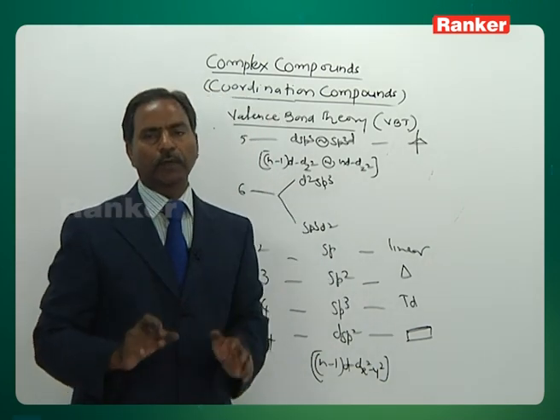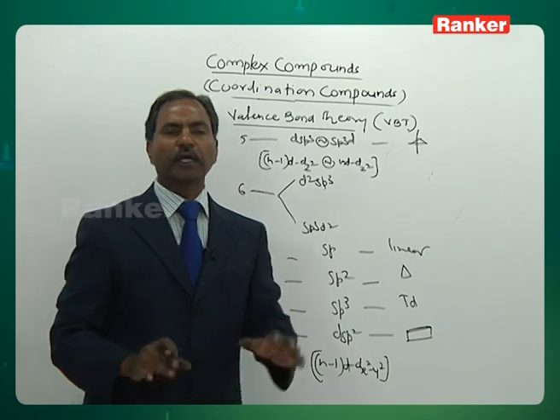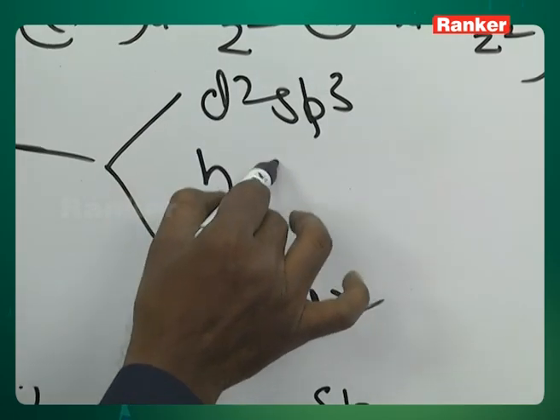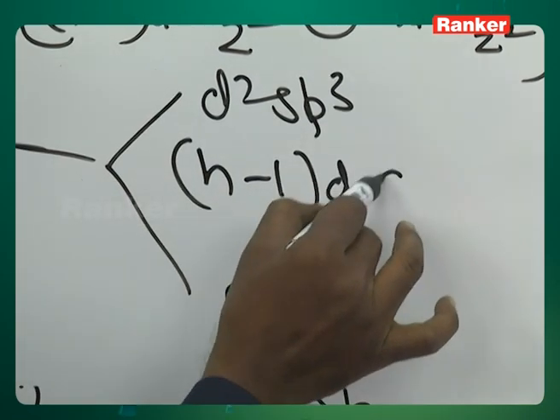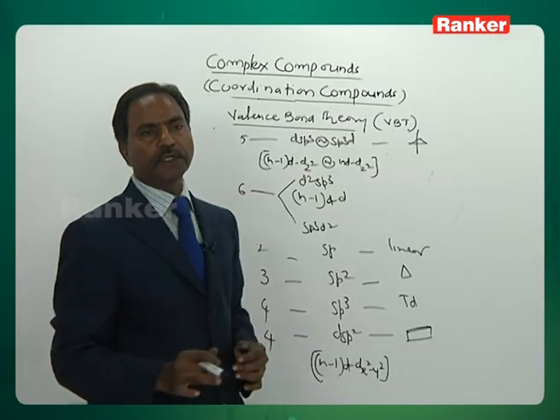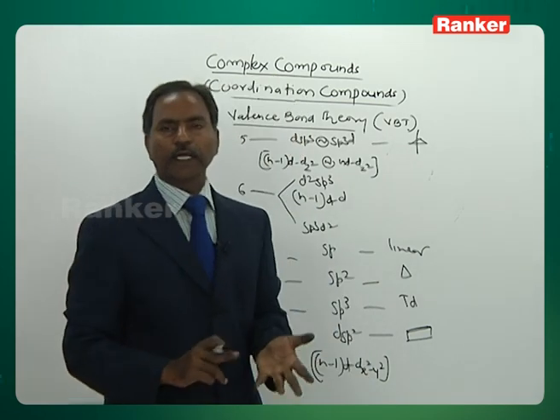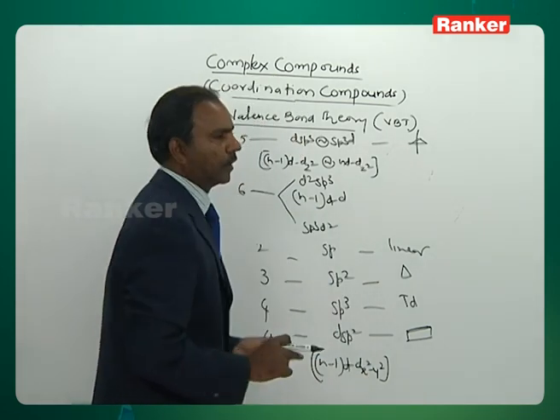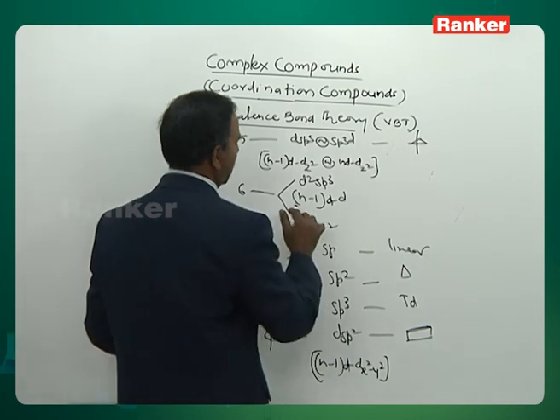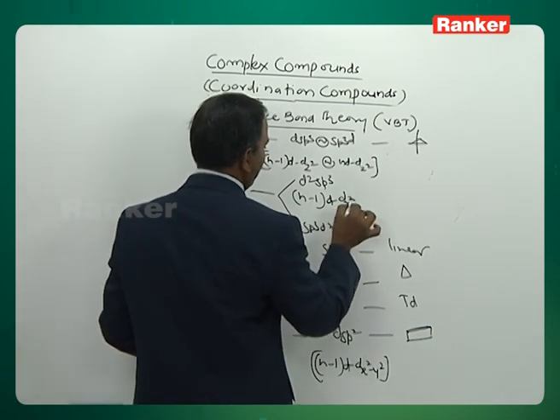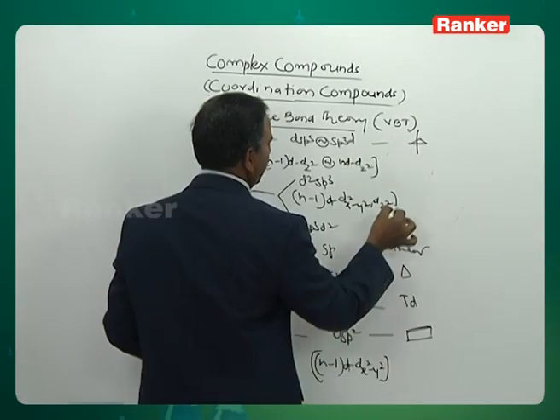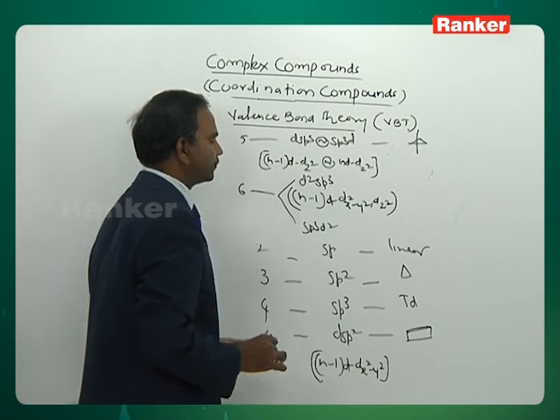What are the 2 d orbitals participating in this hybridization? For inner, (n minus 1)d, the eg set of orbitals: dx square minus y square and dz square. These 2 orbitals are participating in this hybridization.